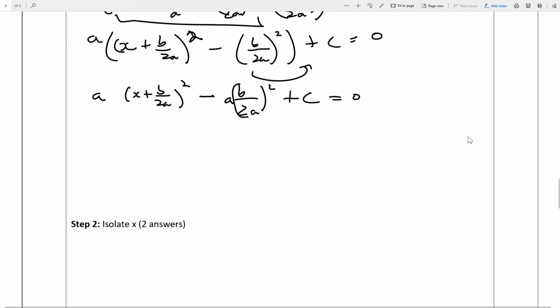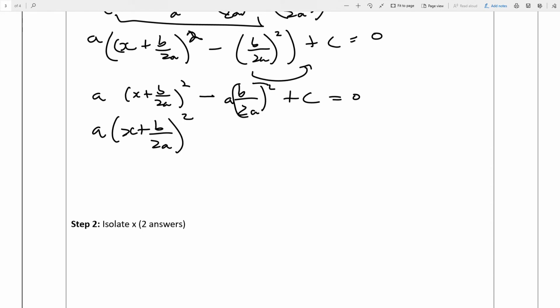Okay, and then we can simplify this further by distributing the square to each of the numbers and variables inside the brackets. So we get a times b squared over 4a squared. And then we can take one more step by simplifying this fraction.